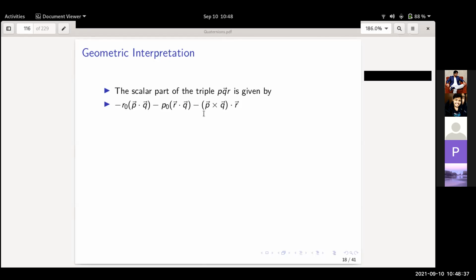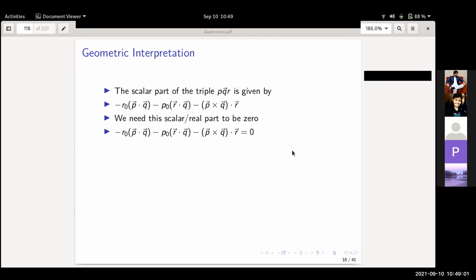You can apply constraints on P and R. P can be related to R or R can be related to P, but you should not have any relation with Q. So that is the way you have to consider what R and P should be such that this expression is 0. We need the scalar or real part to be 0. This is our intention.